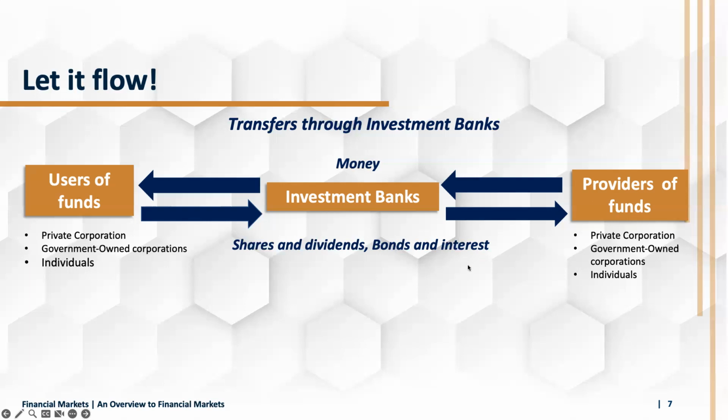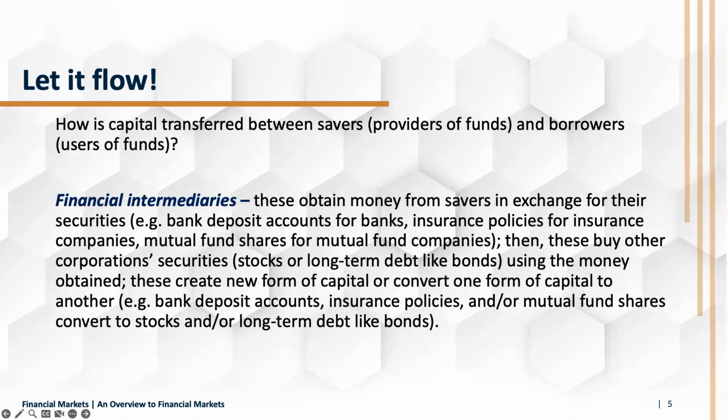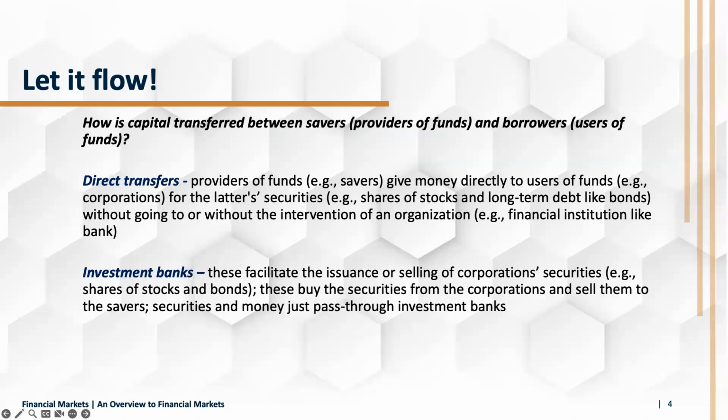But mainly, the giving out of dividends and interest will even be facilitated by the investment banks. All right. So that's what happens when an investment bank comes between the users and the providers of funds.